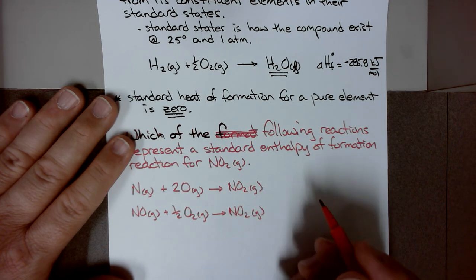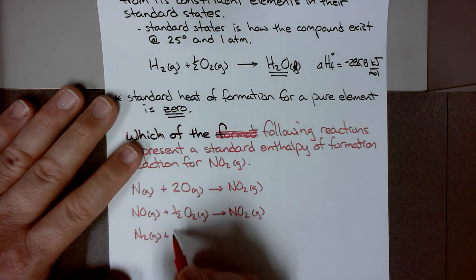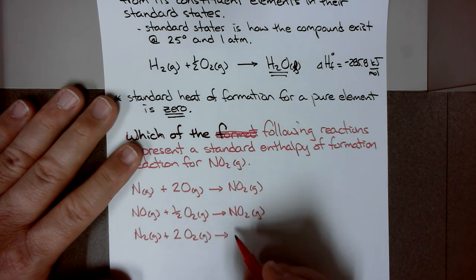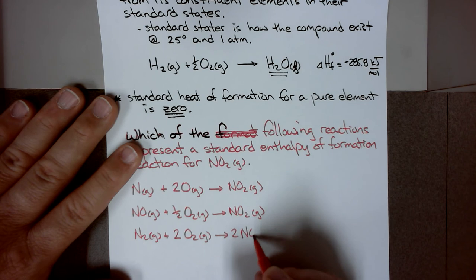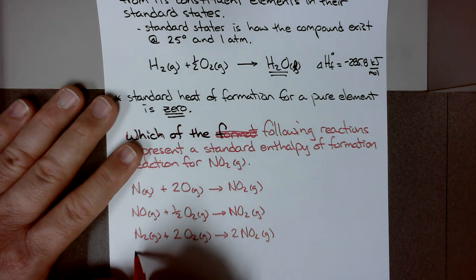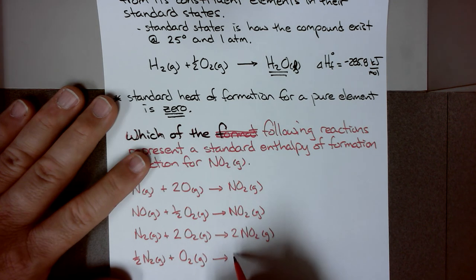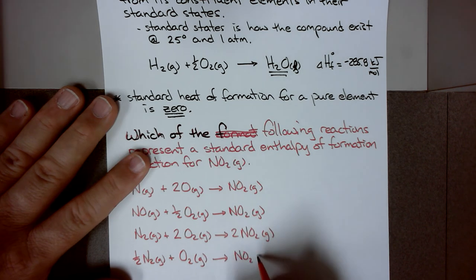Or we have N2 gas plus 2 moles of O2 gas will produce 2 moles of NO2 gas, and the last one, 1/2 of a mole of N2 gas plus 1 mole of O2 gas goes to 1 mole of NO2 gas.